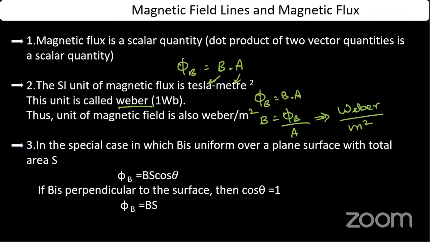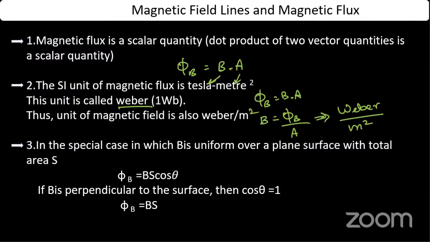Cool. So in a special case in which B is uniform over a plane surface with total area S, if B is perpendicular to the surface, then the area vector will also be along it.